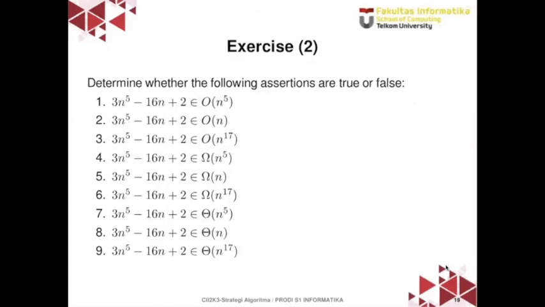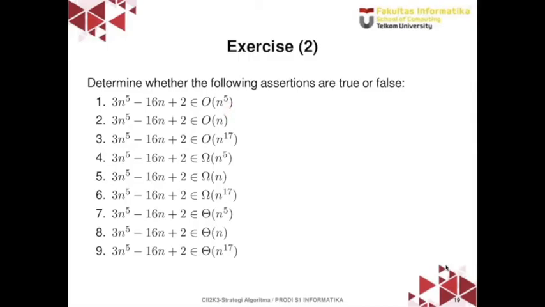This is another exercise, but I will not go through all 9 of these. Here we only need to determine whether the assertions are true or false. Essentially, big O means the function we have here is always beneath the function we have here at some point.